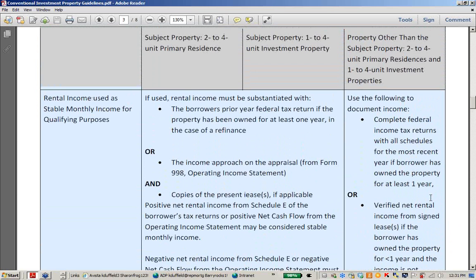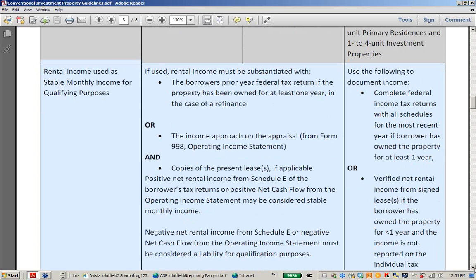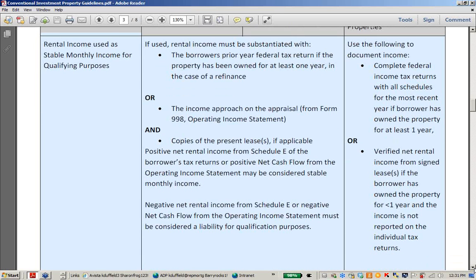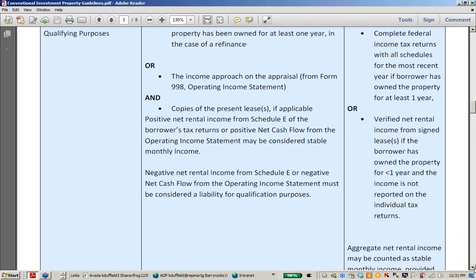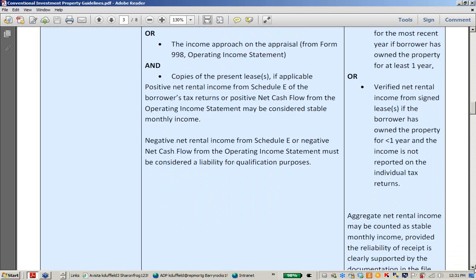So for their other property, use the following to document income. Complete federal income tax returns with all schedules for the most recent year if the borrower has owned the property for at least a year, or verify net rental income from signed leases if the borrower has owned the property for less than a year and the income is not reported on the individual tax returns.